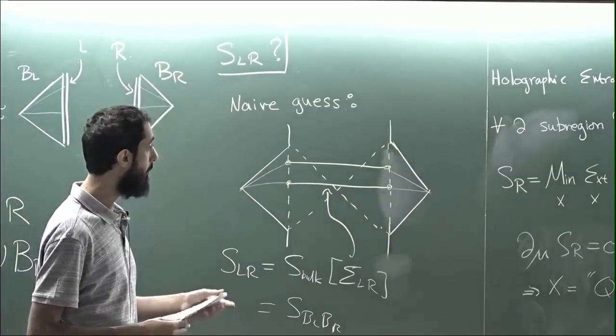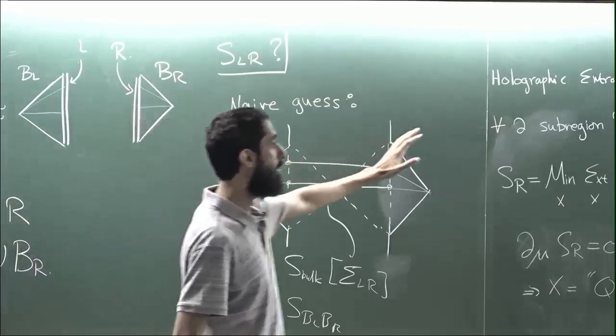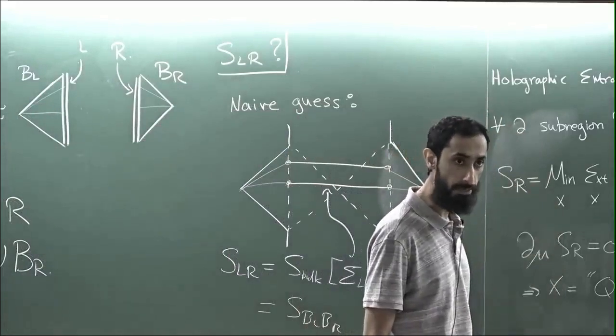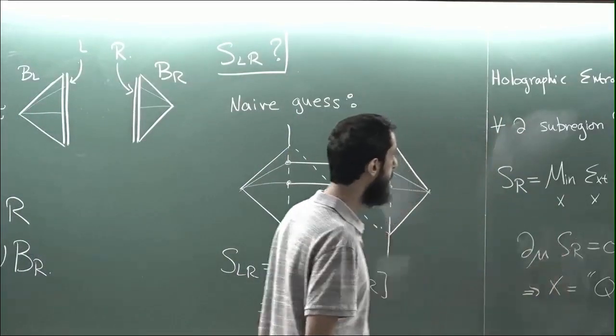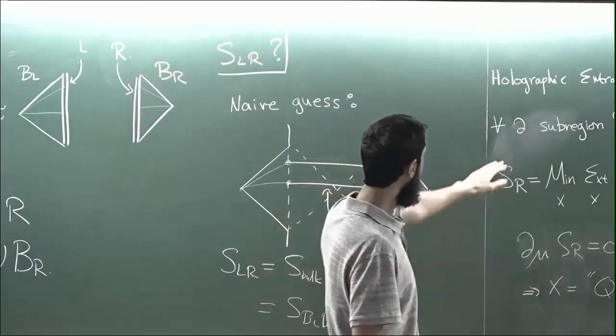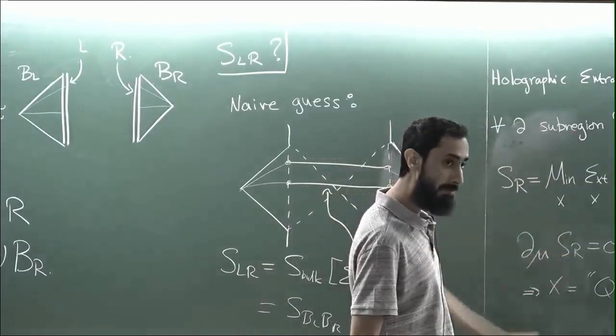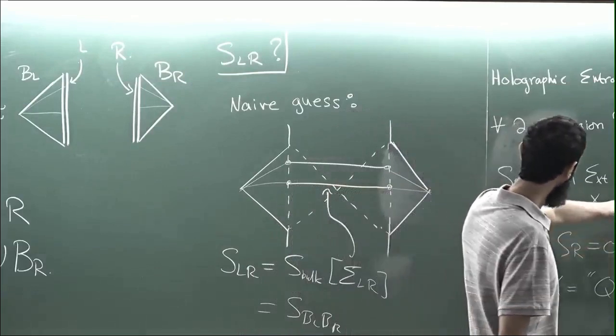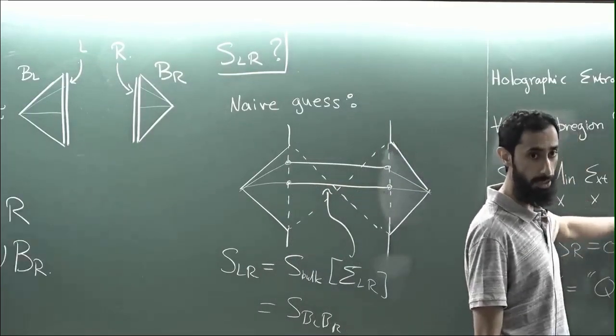Good? Okay. But then there's a more refined proposal for computing the entropy of LR, which is to use holographic entropy. Let me review what that proposal is in general. Given a boundary subregion R, you're supposed to consider what is called the generalized entropy.